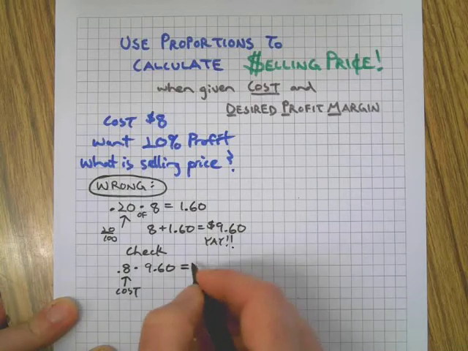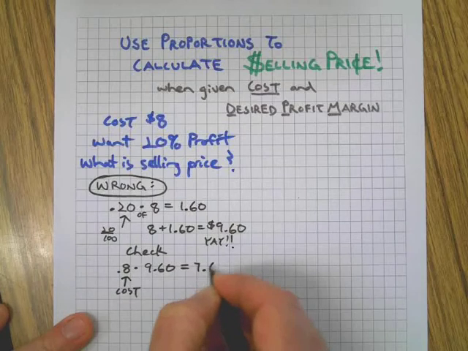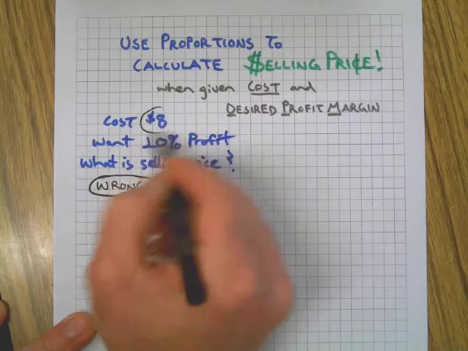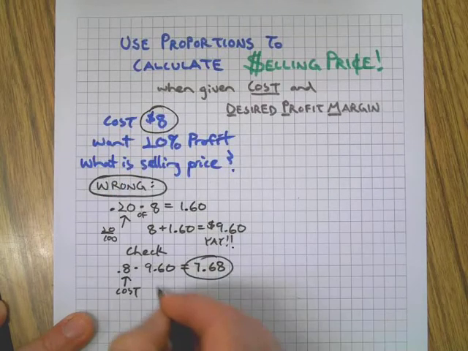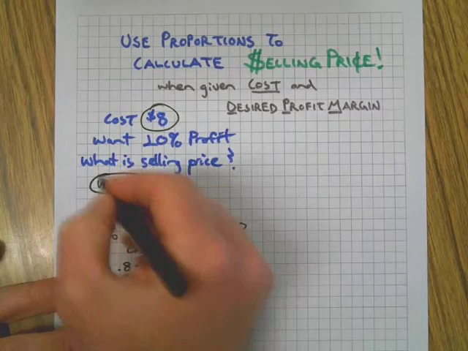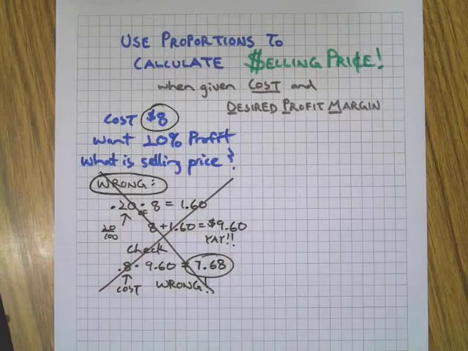The thing is, if I do that, I get $7.68. That does not match what the problem told me. So that means it's wrong. So if you build this check into your problem, you would catch this. Okay. So how do we do it the right way?